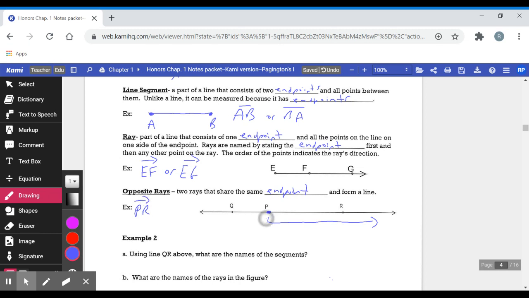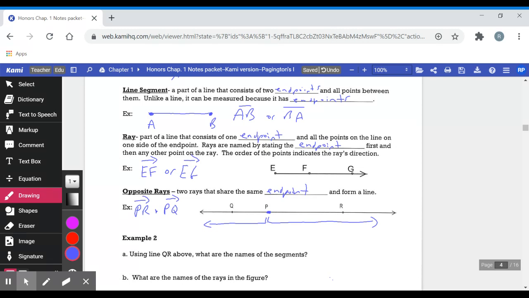And then I have one that starts here and goes forever that way. For that one, I want to name P first because that's the endpoint of that ray. And then I'm going to name the Q, but my arrow is still going to go to the right, even though that part of the ray is going to the left. So PR and PQ both start at the same endpoint and they shoot off in opposite directions.